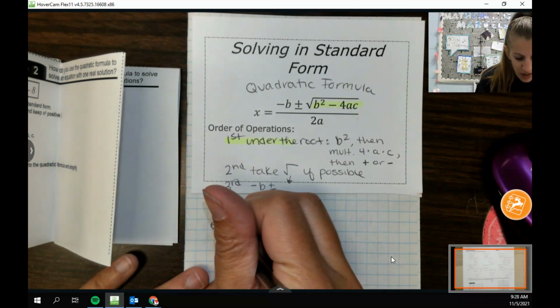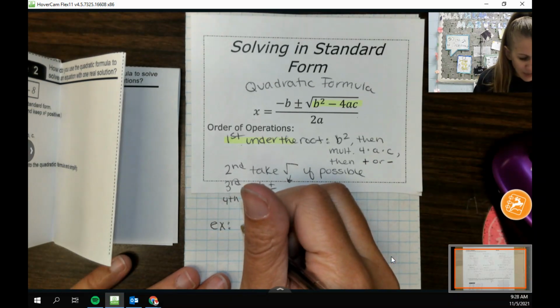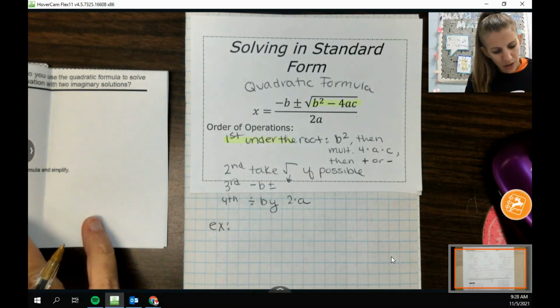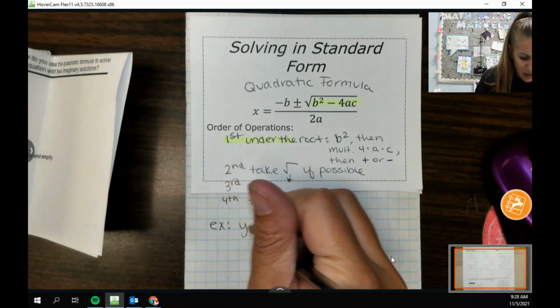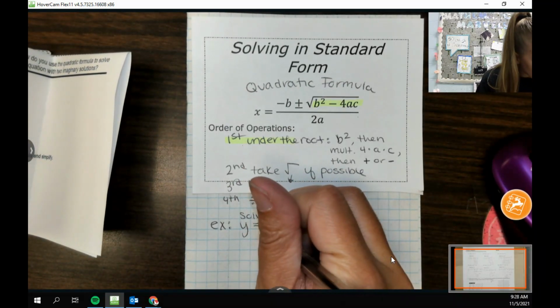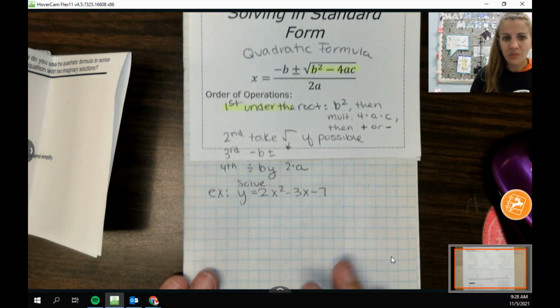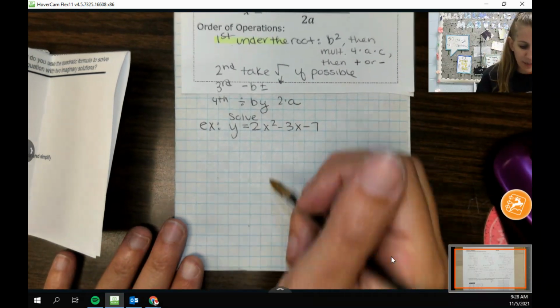The best way to do it is to just do it. So I'm going to start with an example here. If they want me to solve y equals 2x squared minus 3x minus 7, that is in standard form.